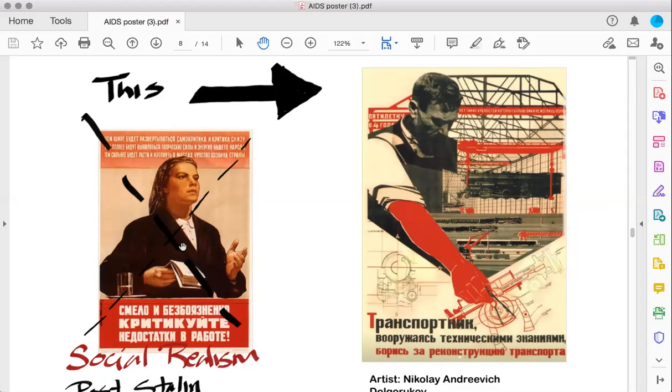And so when social realism comes about, what we're seeing is a switch back in visual depiction of the worker.